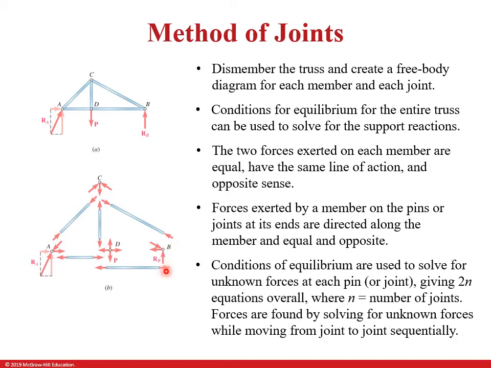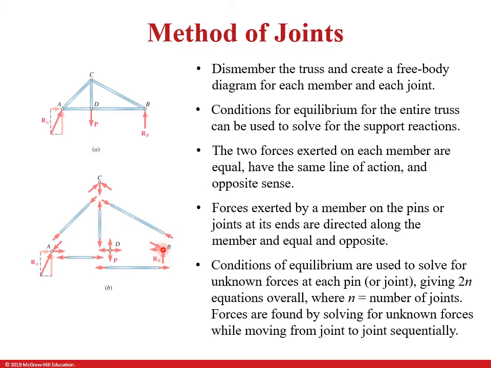The first thing you can do is you can come over here and you can figure out, all right, I know this force. I can write a geometric relationship between these two forces. I can sum the forces in X and Y and figure out these forces, right? And depending on the direction of these forces at B, that's going to indicate which direction they are acting on the member, right?